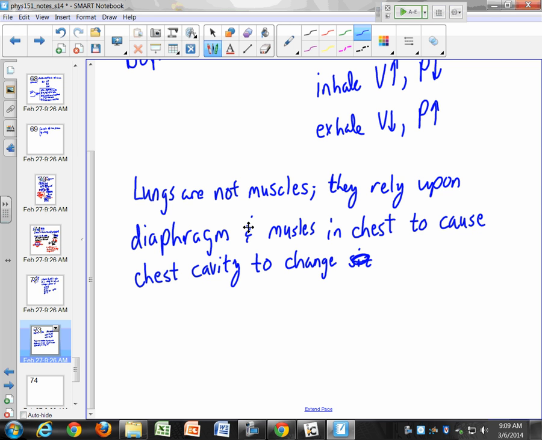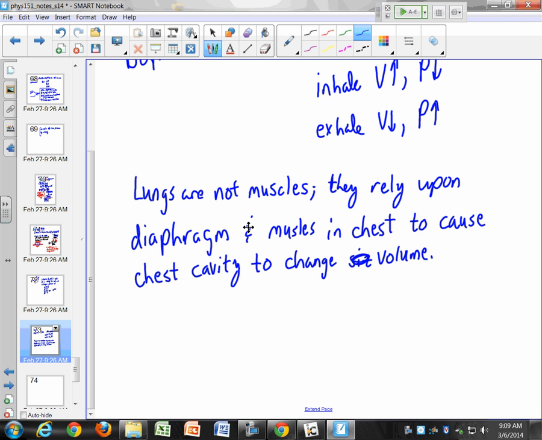Or change volume, rather. All right, so you have this flat muscle below your lungs that will cause them to get bigger and smaller because of the shape of your chest cavity, and then also the muscles on the side of your chest will cause it to get bigger and smaller.